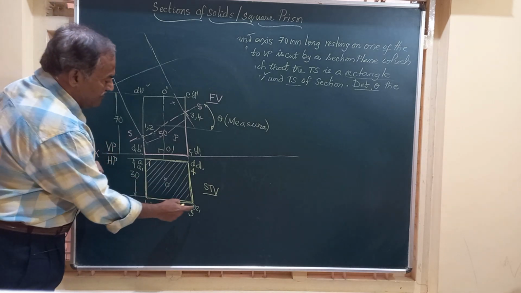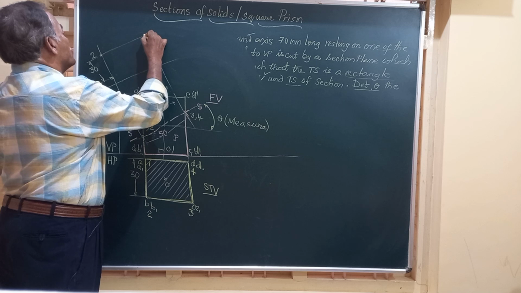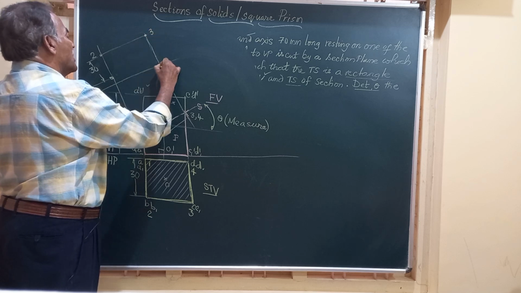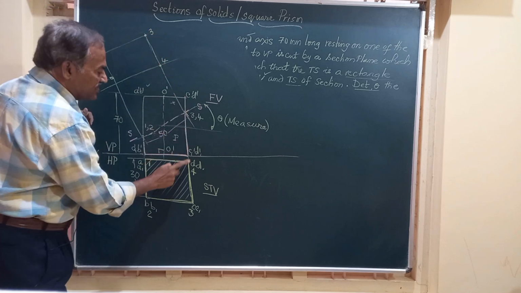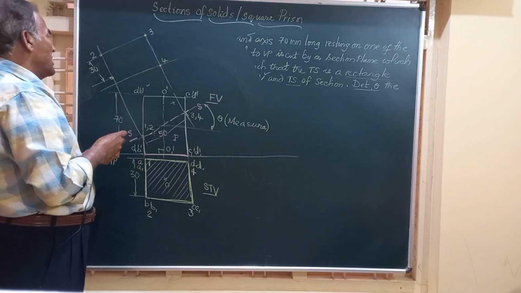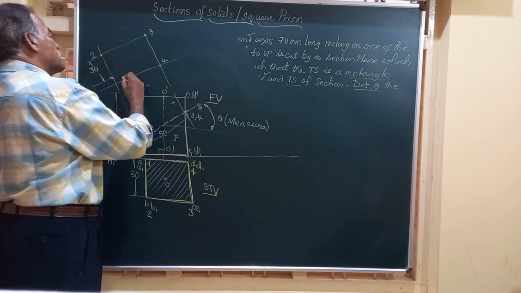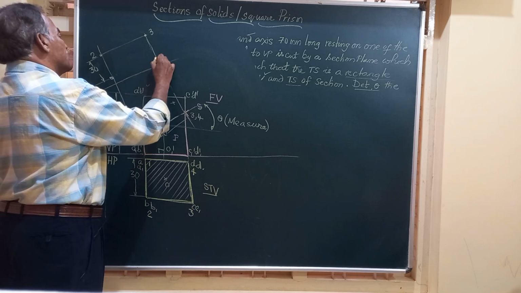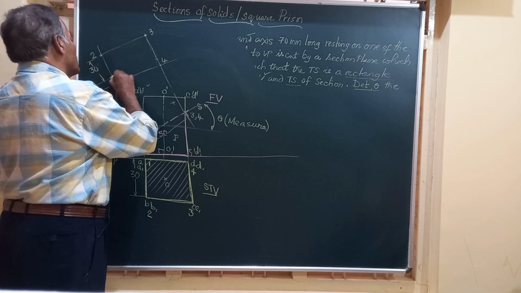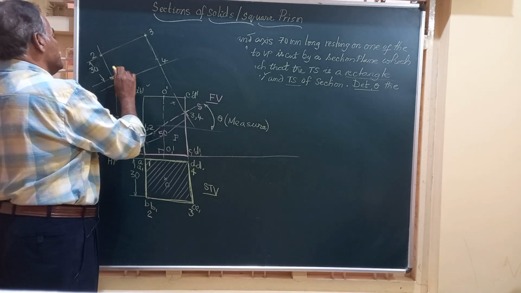Friends, similarly, we can obtain 3 and 4. So exactly opposite to this is 3 and the point 4, because 4 is nearer to xy, so nearer to this reference line. And whatever the points you have got here, join them by straight lines. This is point 4. So I am going to get a rectangle here.